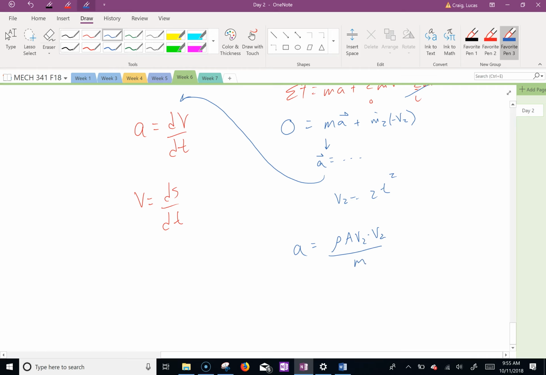Once you rearrange that equation, if I substituted what mass flow rate was, if you plug this in, you'd get 2t squared times 2t squared over the mass. This becomes 4t to the fourth, right? Times some number.